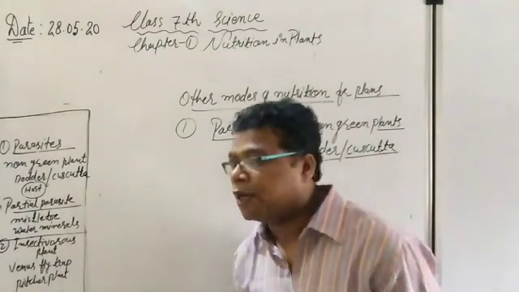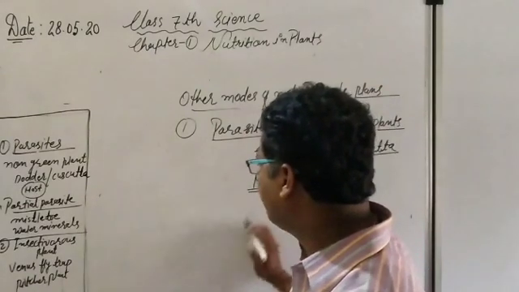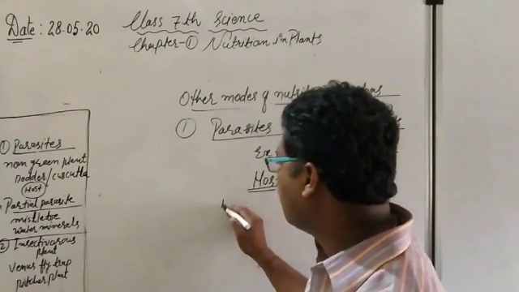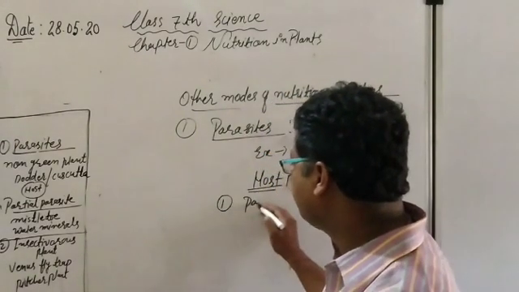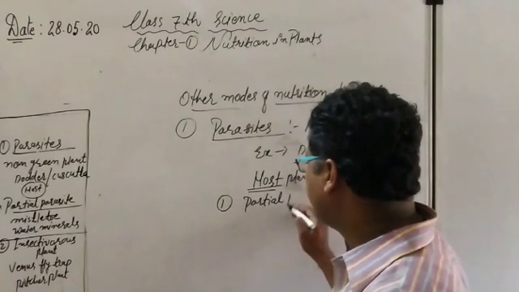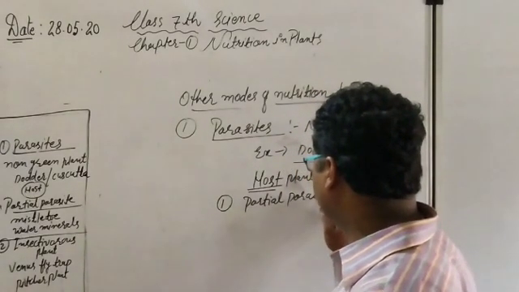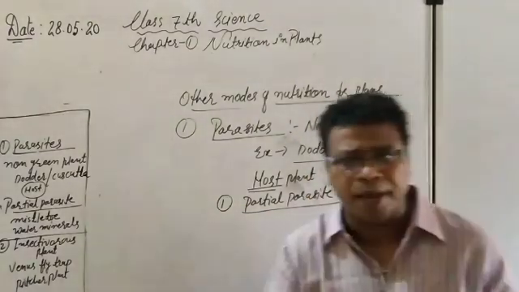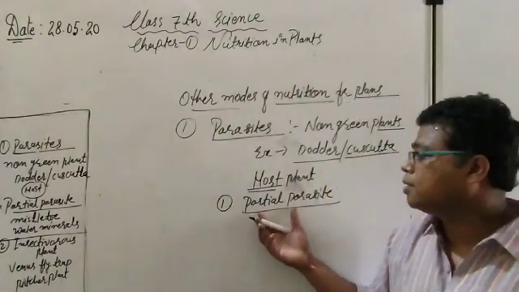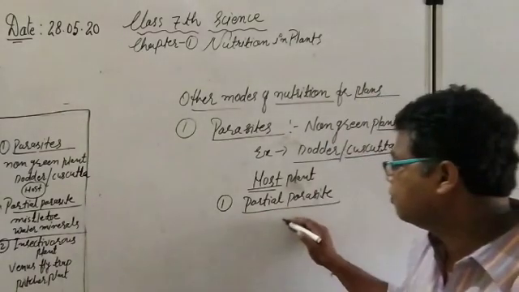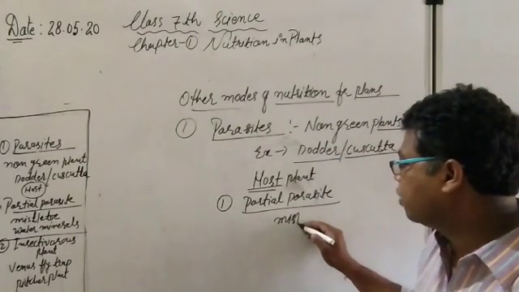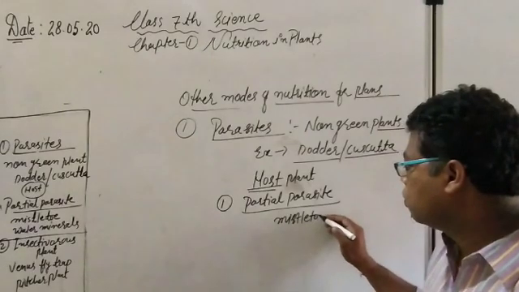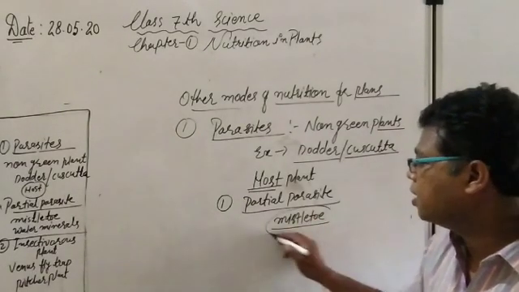So, parasite. Okay, next, one other case is also there, that is the partial parasite. What is the meaning of partial? Partial means half parasite, you can say. So one plant is there whose name is mistletoe. That mistletoe is the name of the plant.